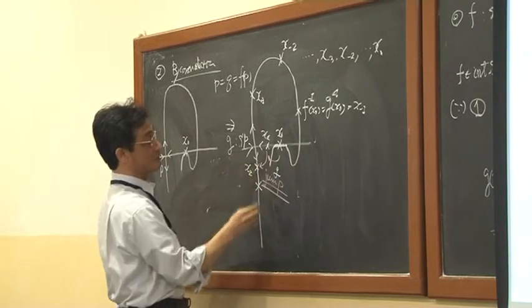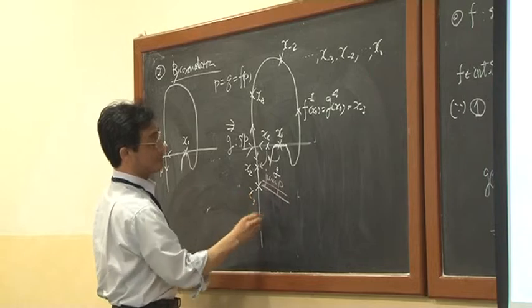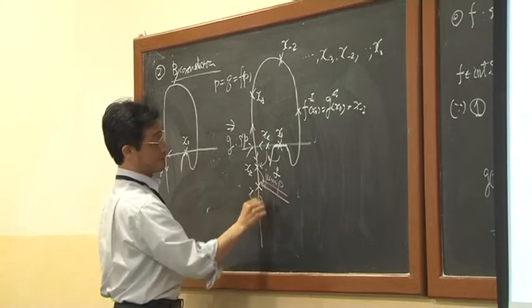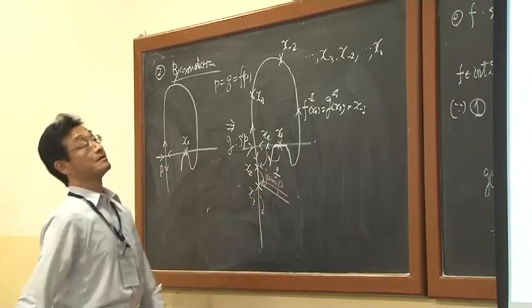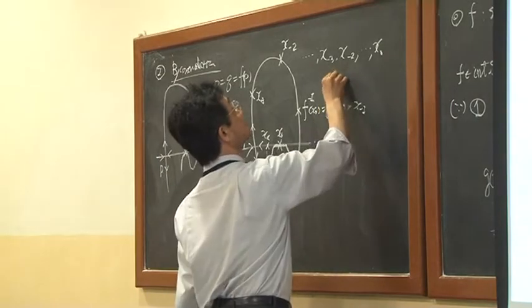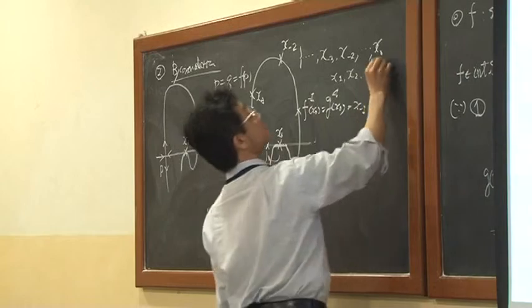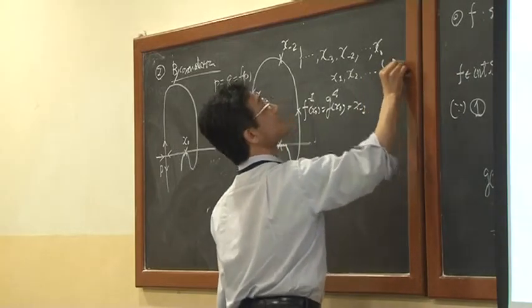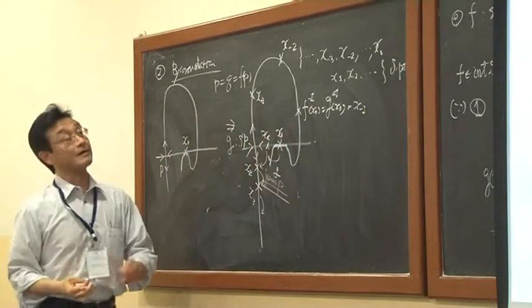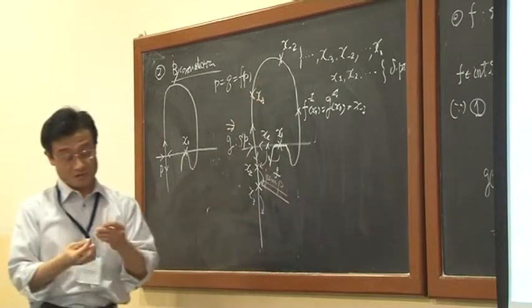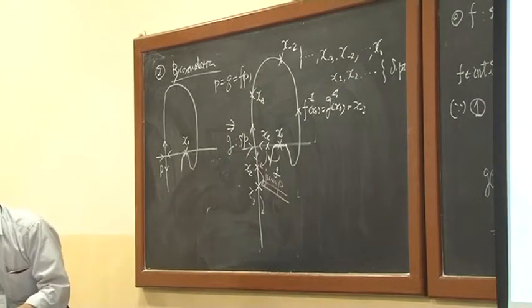Let me name these x2, x3. This is a true orbit. But unfortunately, this pseudo orbit cannot be shadowed by any point.